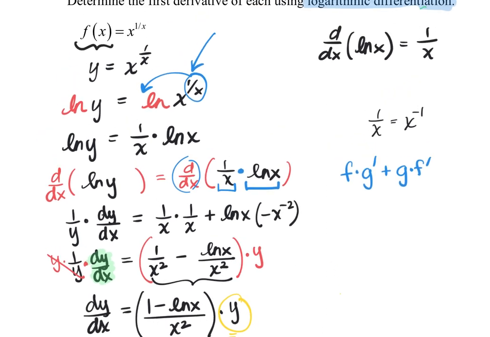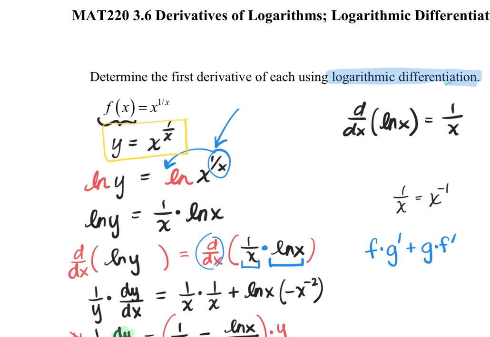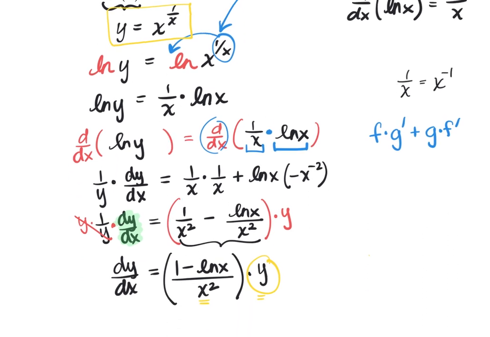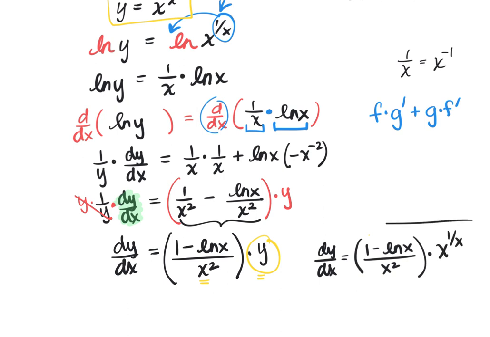So if we go back to the original, we can see that y was originally equal to x to the 1 over x power. So we can substitute that back into our derivative here. So dy dx is equal to the quantity 1 minus natural log of x, all divided by x squared, and then multiplied by x to the 1 over x power. And this would be our final answer for the derivative using logarithmic differentiation.